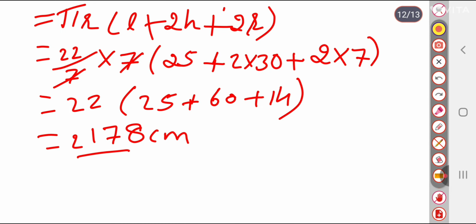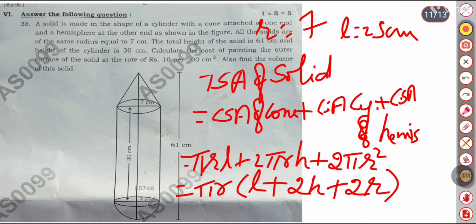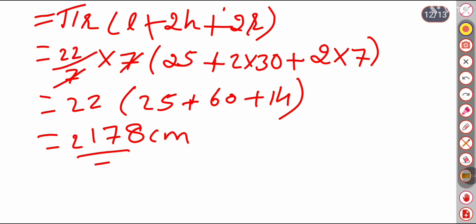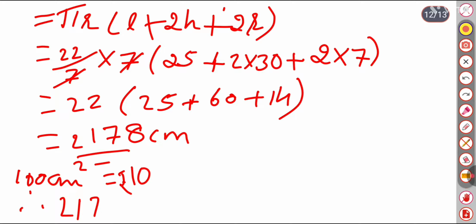centimeter. Now what they are asking: calculate the cost of painting the outer surface of the solid at the rate of 10 per 100 centimeter square. That means per 100 centimeter square it is 10 rupees. Therefore 2178 centimeter square, how much?